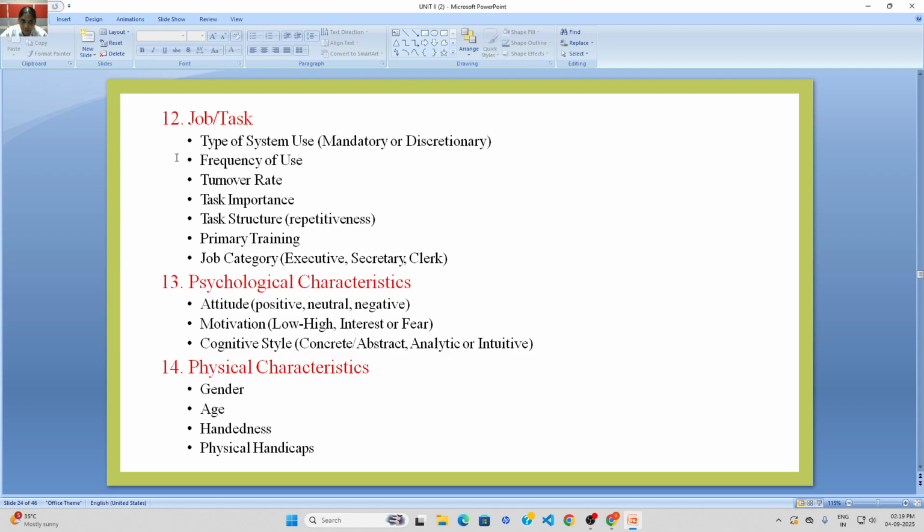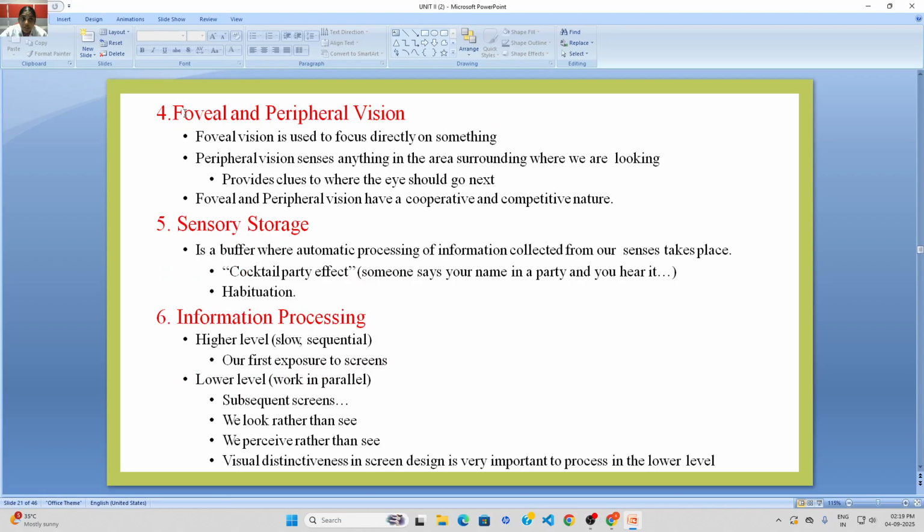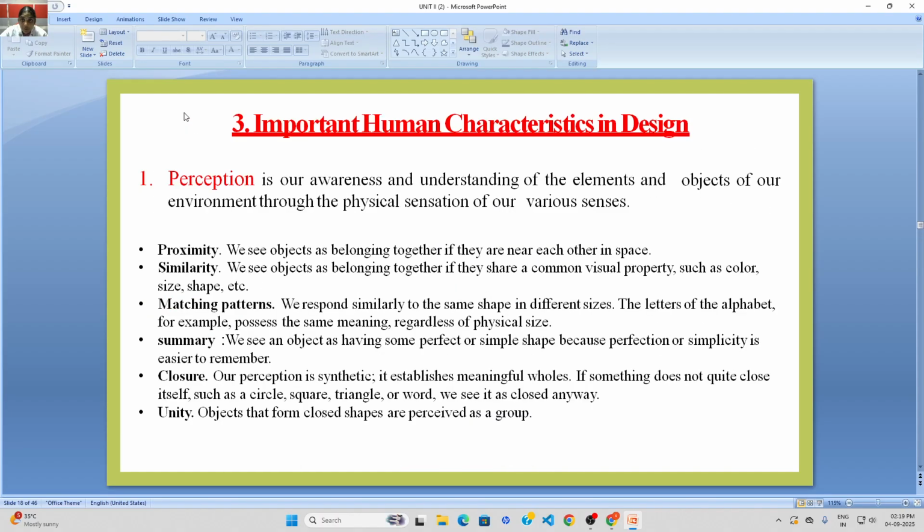Psychological characteristics: attitude, motivation, and cognitive styles. Physical characteristics: gender, age, handedness, and physical handicaps. These are all important human characteristics to consider while designing.